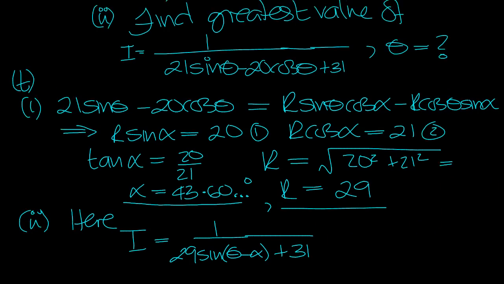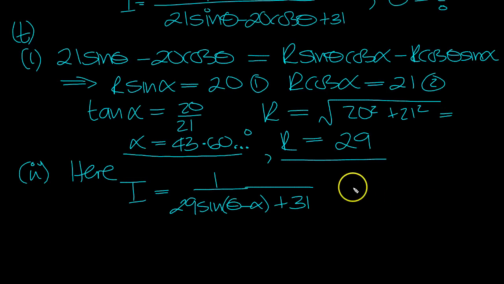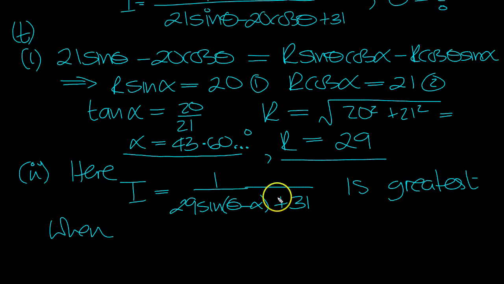Okay, that's good. Find the greatest value. I is greatest when the denominator is smallest, and it's smallest when this is minus 1.